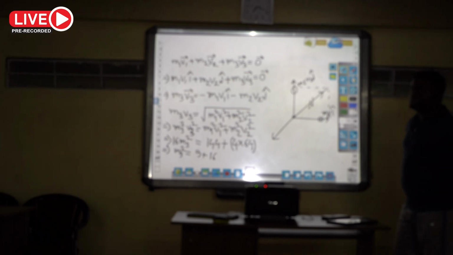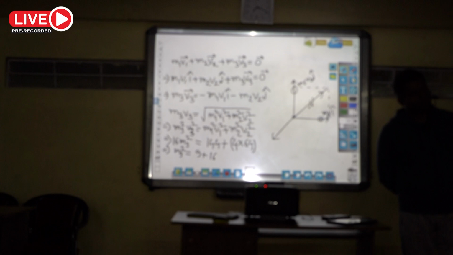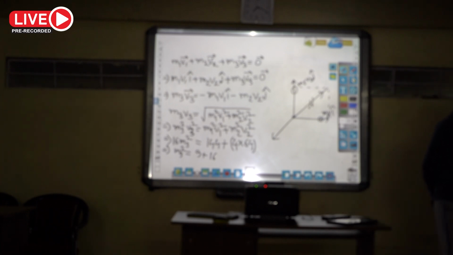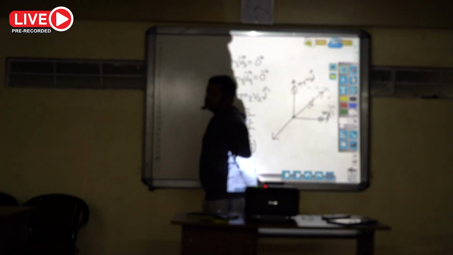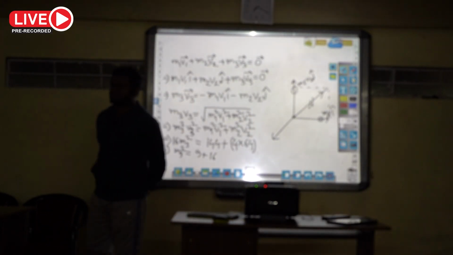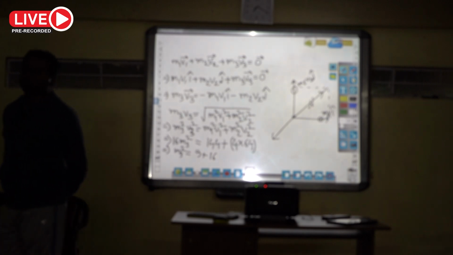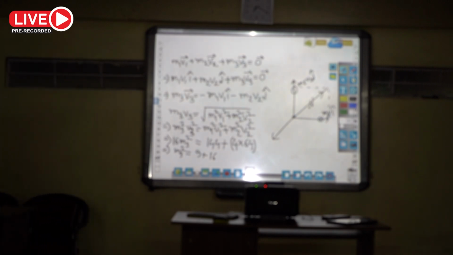So first consider the inelastic collision, then consider the perfectly elastic collision and calculate both values. If you do both cases, you get practice of both collision problems.